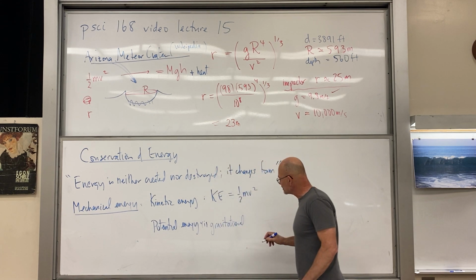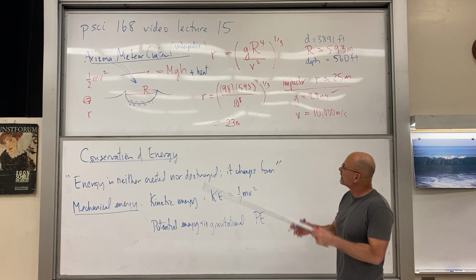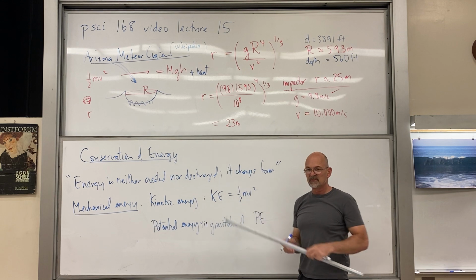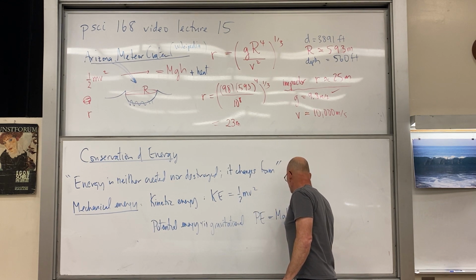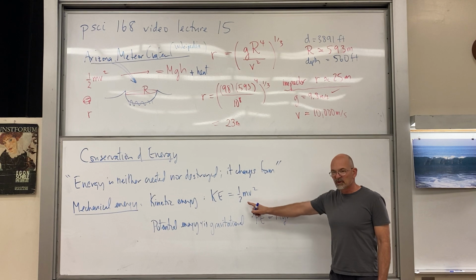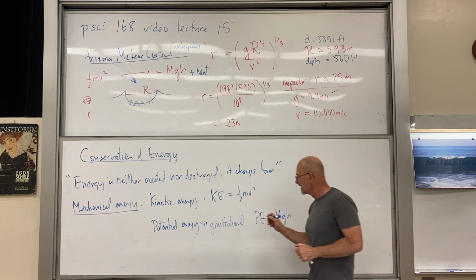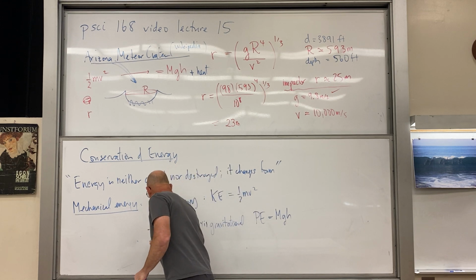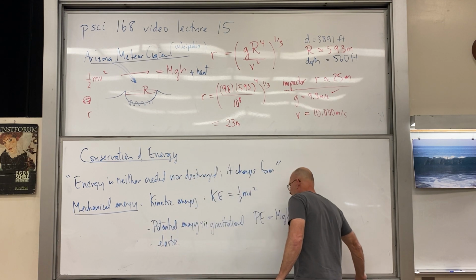And for the gravitational potential energy, that's the one we were using here, mgh, mass times g times h. Doesn't matter what letter you use right now, it's lifting something up. There are some other kinds, elastic potential energy.